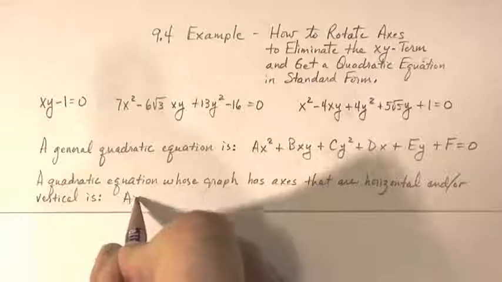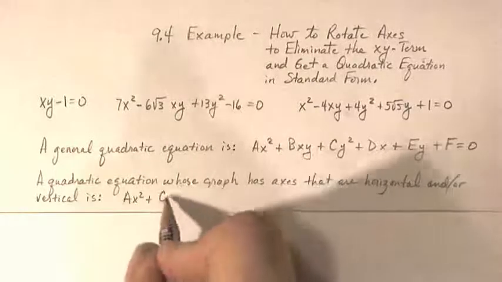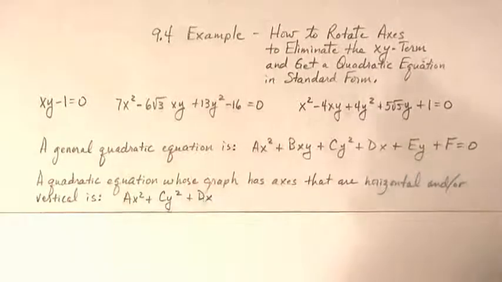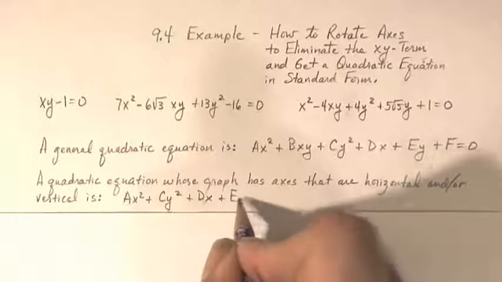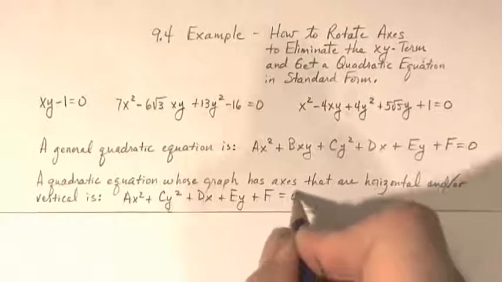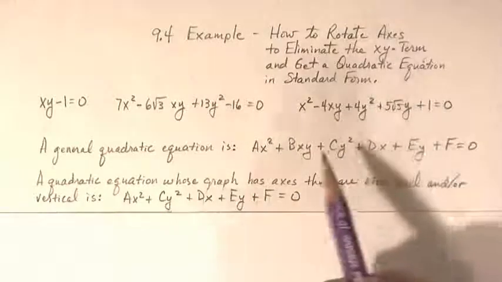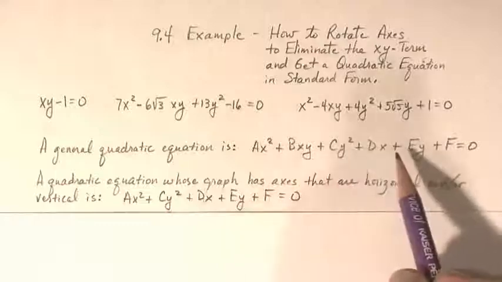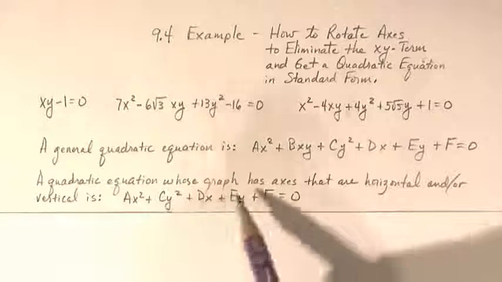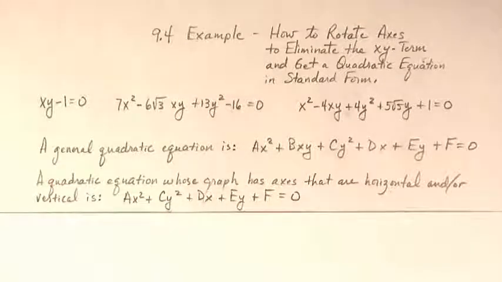So it would look like this: ax squared, skip this one, plus cy squared plus dx plus ey plus f equals 0. And our goal in this section is to start with equations like these, of which these are examples, and convert them into equations like these so that we can put them in standard form.